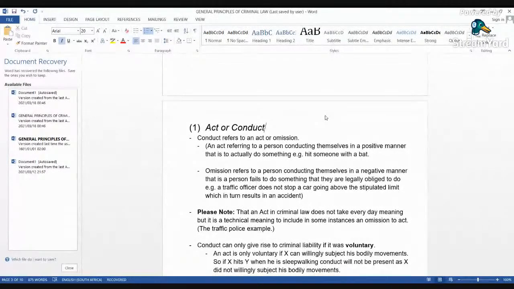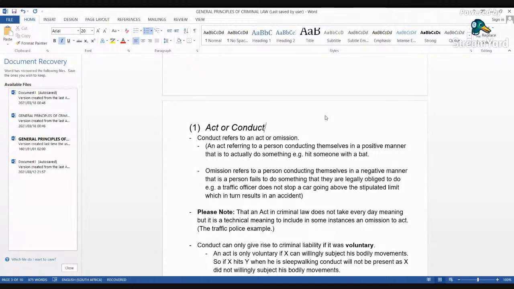Please note that when we're talking about an act in criminal law, it does not mean the same thing that we use in our everyday lives. In criminal law, an act is a technical term that will cover an act or an omission.